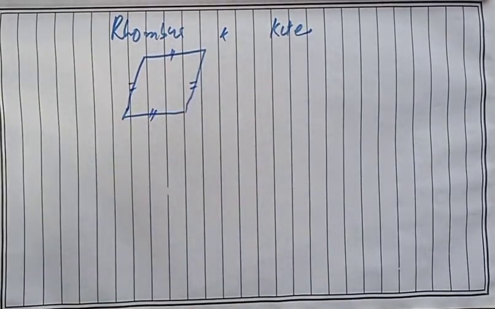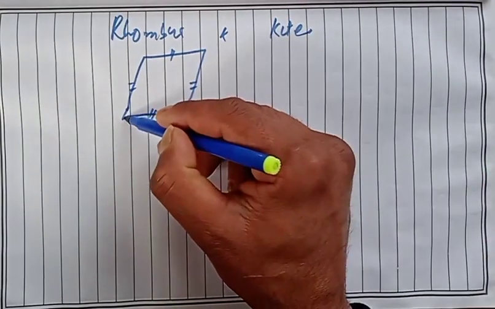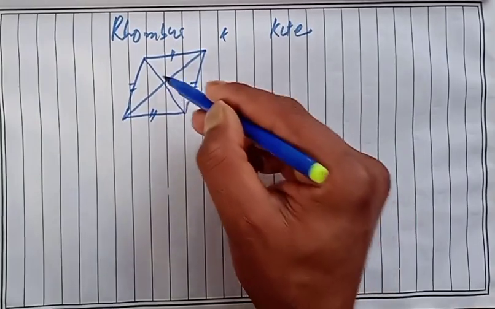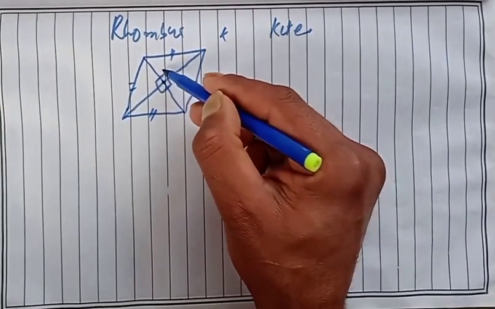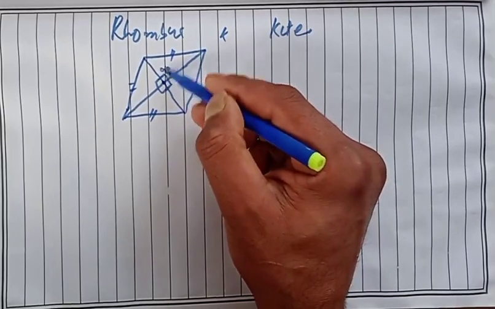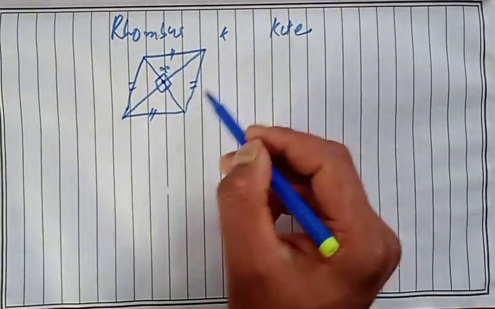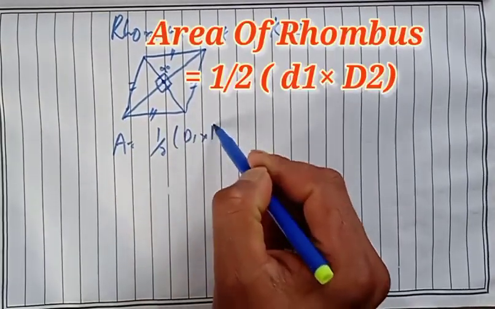All sides of a rhombus are equal, and it has one property other than other quadrilaterals, that is its diagonals. When its diagonals intersect, they form a 90 degree angle at the point of intersection. This is the point of intersection, and this is the 90 degree angle they subtend at the point of intersection, and its area is written as 1/2 diagonal 1 into diagonal 2.